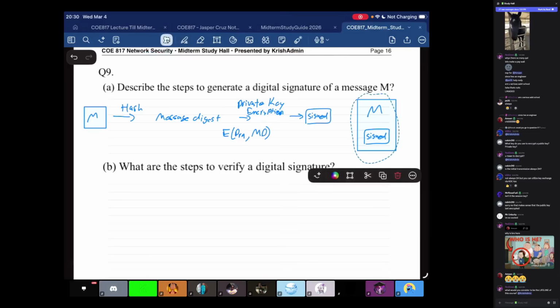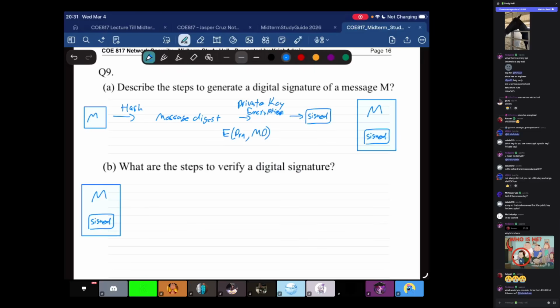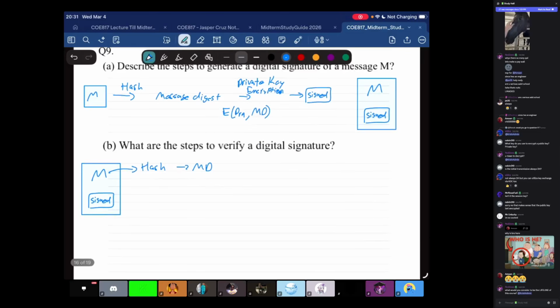We have this whole message. Let's duplicate that. So we have this message that is received on the receiver's end. What we will do is take this message and once again perform a hash on it, getting a message digest, and using the signed value at the bottom, we're going to decrypt with the public key.